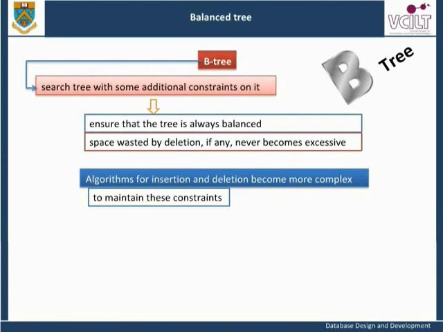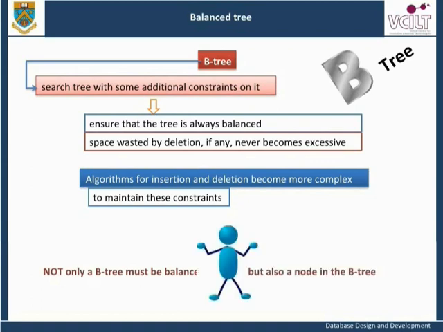Nonetheless, most insertions and deletions are simple processes. They become complicated when we want to insert a value into a node that is already full, or delete a value from a node which is just half full. The reason is that not only must a B-tree be balanced, but also a node in the B-tree, except the root, cannot have too many, a maximum limit, or too few, the minimum, search values.